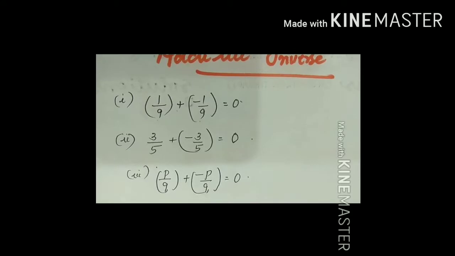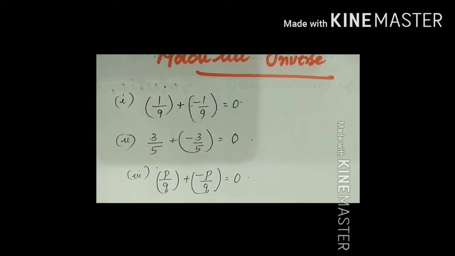Secondly, we have learned the properties of addition for rational numbers. The first one was closure property. What does it say? If you take any two rational numbers, their sum will be again a rational number. Then we have learned commutative property.